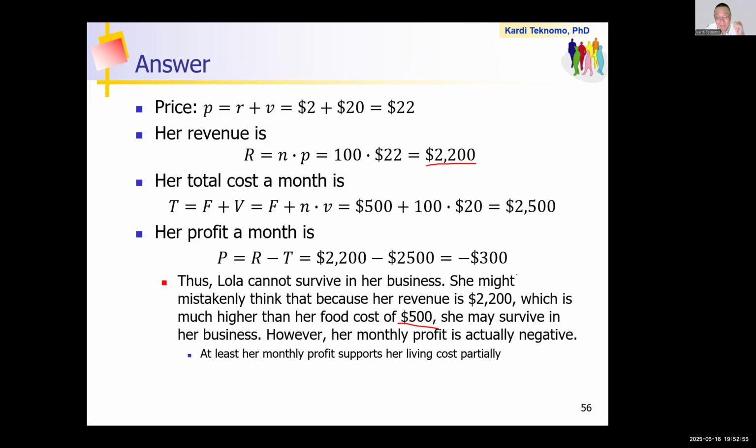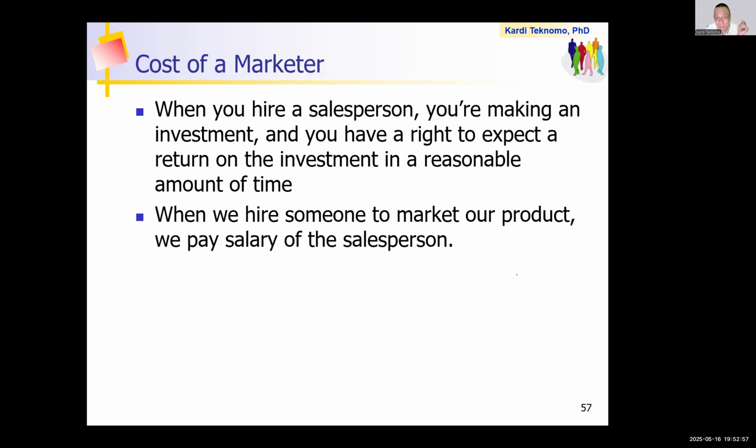Suppose I know the salary of that salesperson. If you hire a salesperson, you are making an investment, right? So how much is the expected return on investment? How much should be the actual sales?